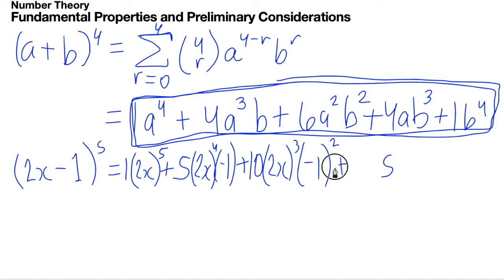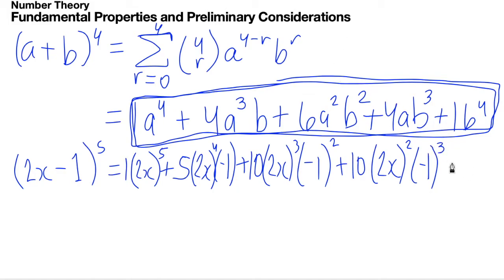Plus, this will be 10, I'm sure. 10 times 2x raised to 2, rather. It's decreasing. Times -1 raised to 3.